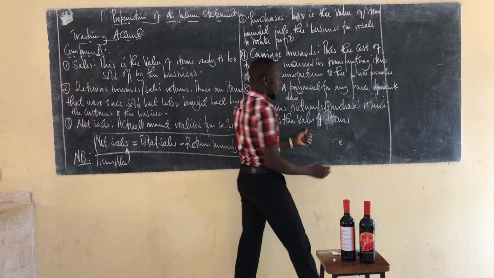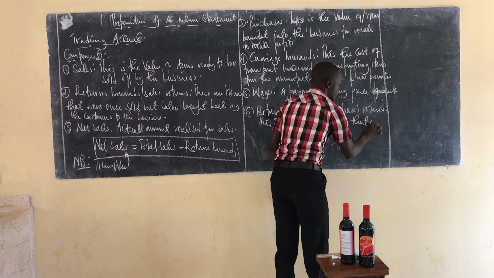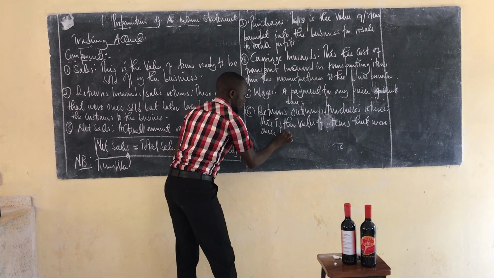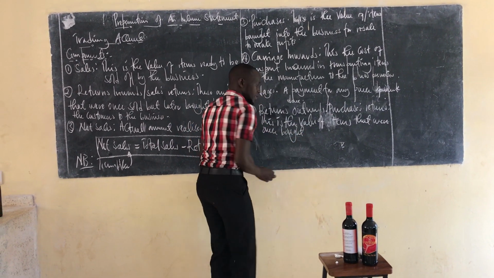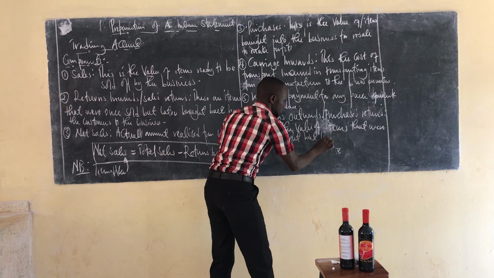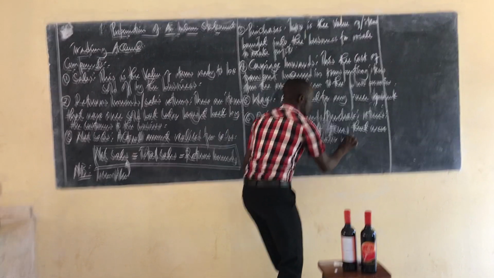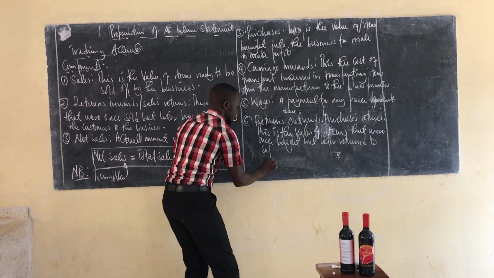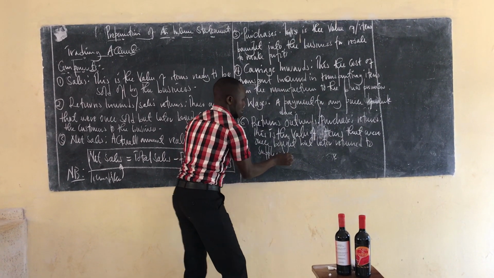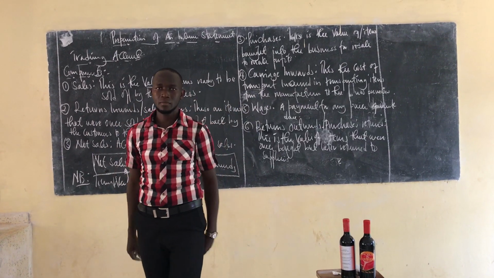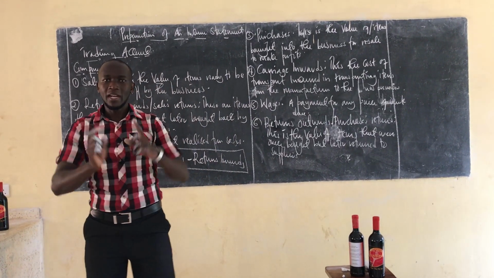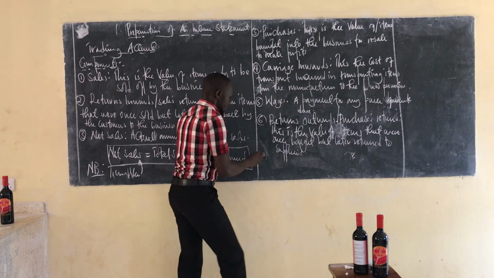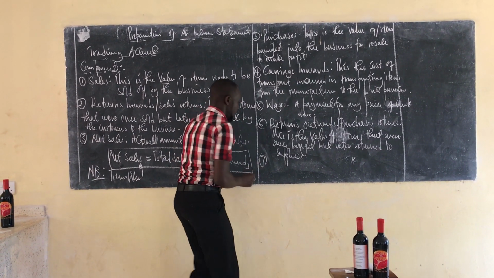This is the value of items that were once bought, but later returned to suppliers. Returning inwards, they are returned by customers. Return outwards, they are returned to the suppliers. That is return outwards.